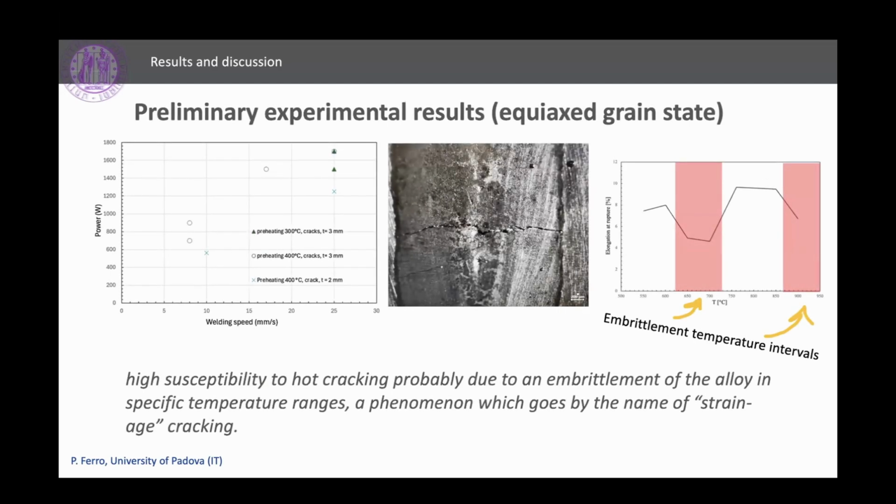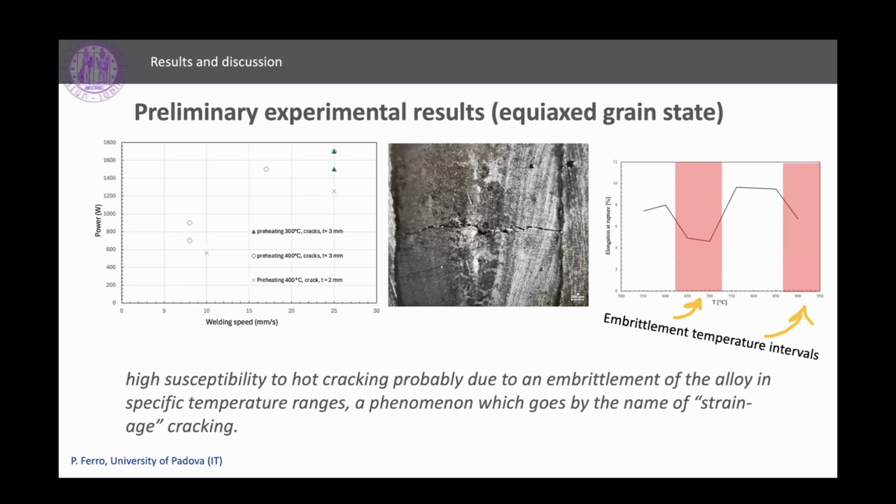We carried out some preliminary experimental trials using different combinations of laser power and welding speed. You can see in the graph on your left the different combinations we tried so far, using a preheating of 300 degrees and 400 degrees, and plate thicknesses of 3 millimeters and 2 millimeters.